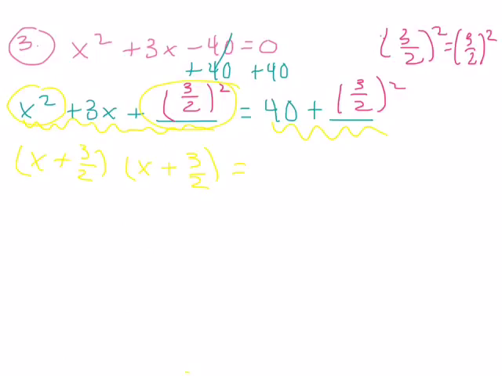Just do 40 plus parenthesis 3 divided by 2 squared. And then make sure you leave it as a fraction. So it equals 169 over 4 when you clean it up and change it to a fraction. Condense it, so we get x plus 3 over 2 squared equals 169 over 4.